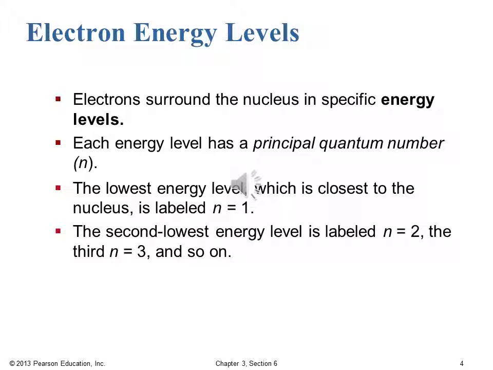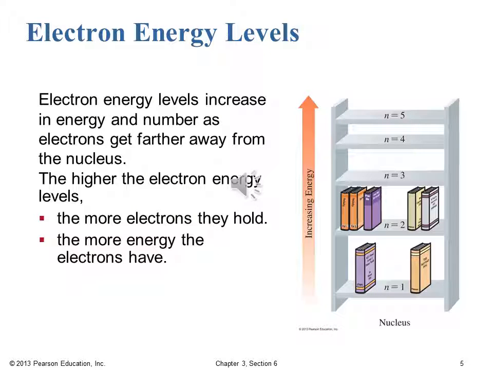They're labeled n equals 1. The second lowest would be n equals 2, and that's where we start with things like lithium and so forth. And then we move into 3 with sodium. Every time we move down a horizontal row in the table, we're increasing our quantum number. We're increasing the distance from the nucleus, increasing the energy of those outermost electrons.